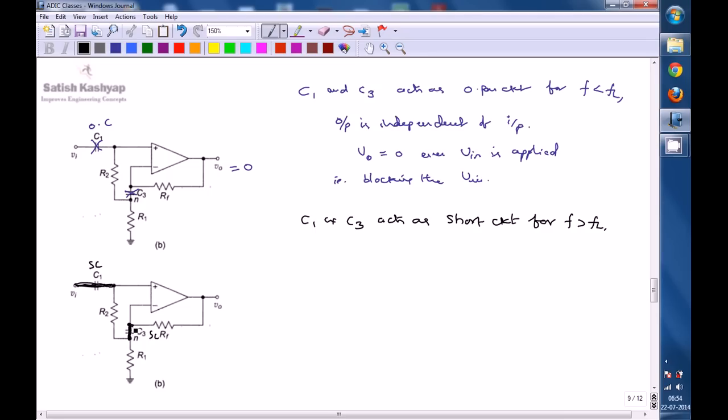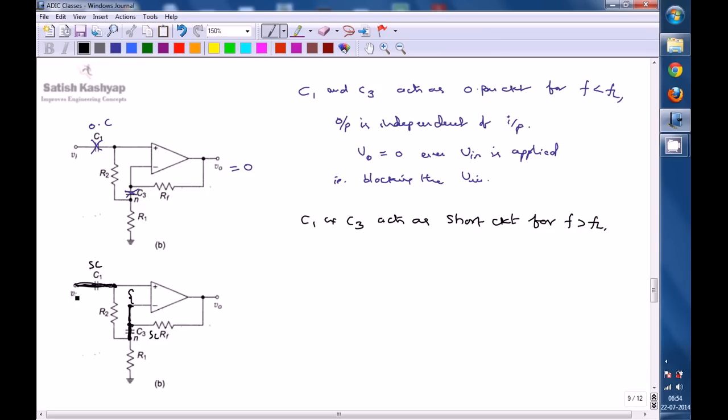Because of the virtual short concept, the same voltage is present at the inverting and non-inverting terminals.